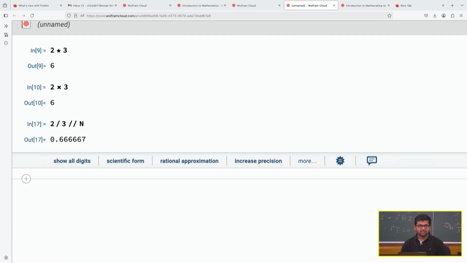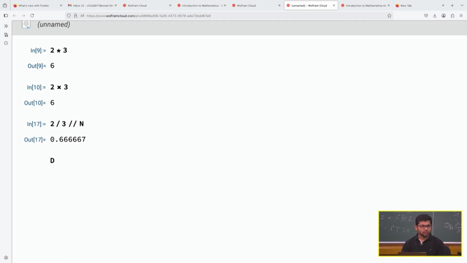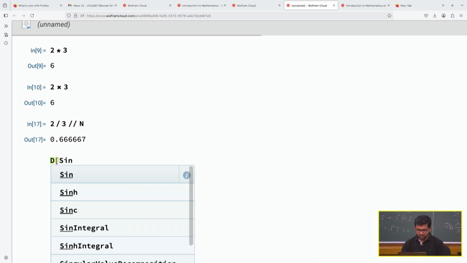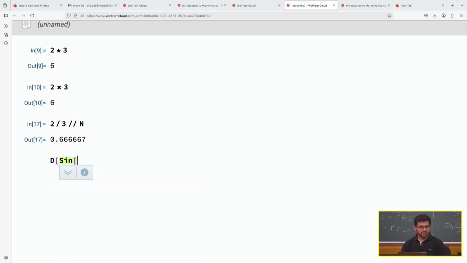For differentiation, one simple command is capital D. If you want to differentiate sine, again I start Sine with a capital S, and let us say I write Sine of 2x. I start with a square bracket and I put 2, space, x.